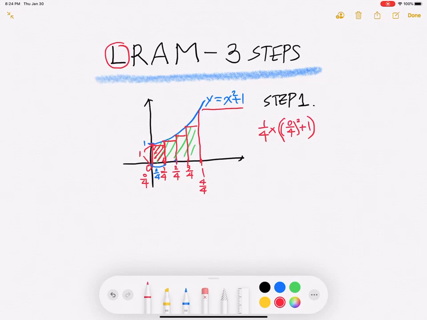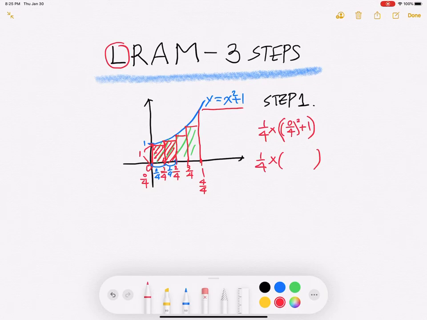What is the second rectangle's area? The second rectangle is this. What is the width? 1 over 4, from 1 over 4 to 2 over 4. So 1 over 4 times the height. Now the height is not 1 anymore.